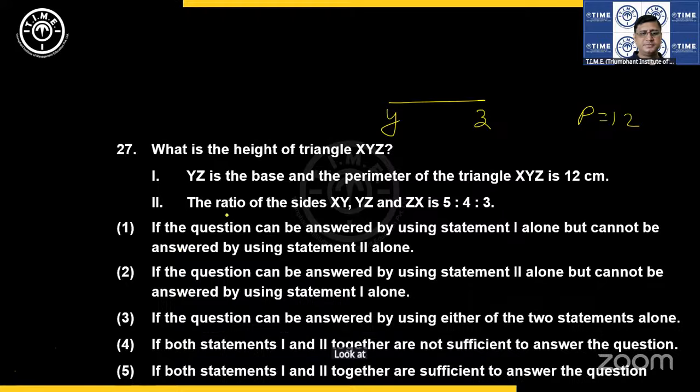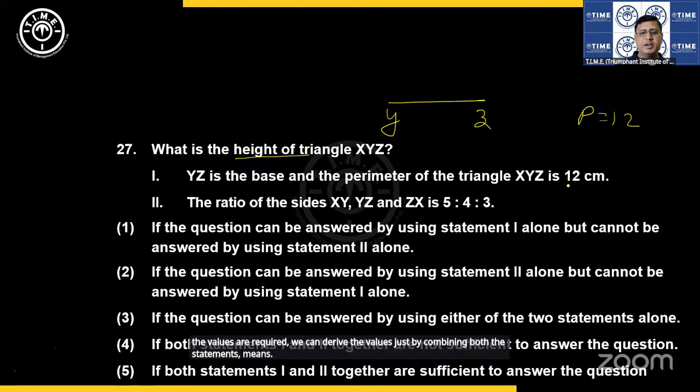Look at the second one. The ratio of the sides XY, YZ and ZX is equal to how much? 5:4:3. Here only the ratio of the sides is given. We don't know the other information. To find out the height of a triangle, what is required? The values are required. We can derive the values just by combining both the statements.